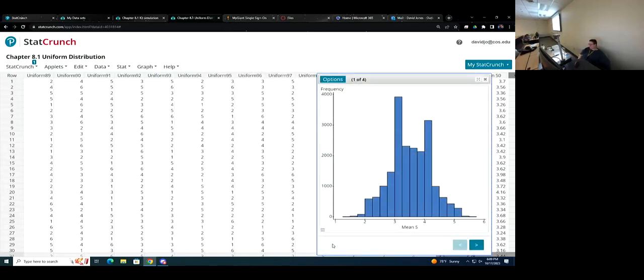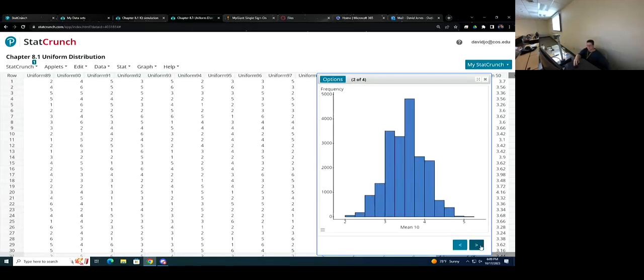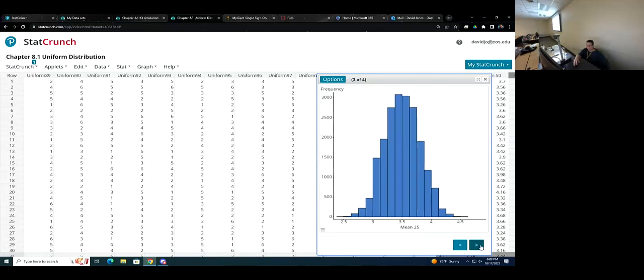5 per group looks like that. I don't know, this makes it look funny. 10 per group, now it's starting to look a little bit more like a normal distribution. 25 per group, now it looks a lot like a normal distribution, right? I'd say that's a normal distribution looking at it.